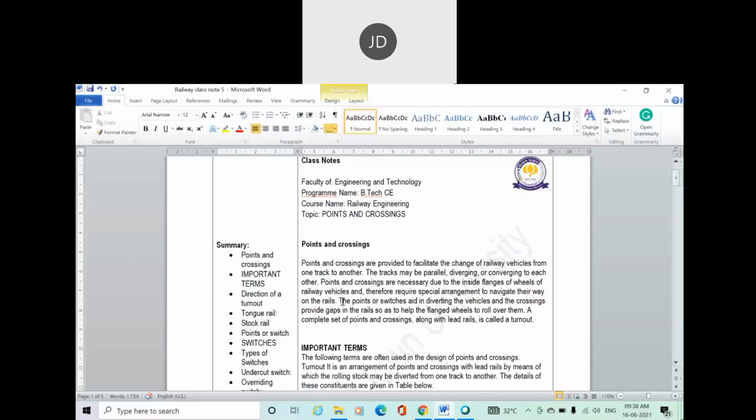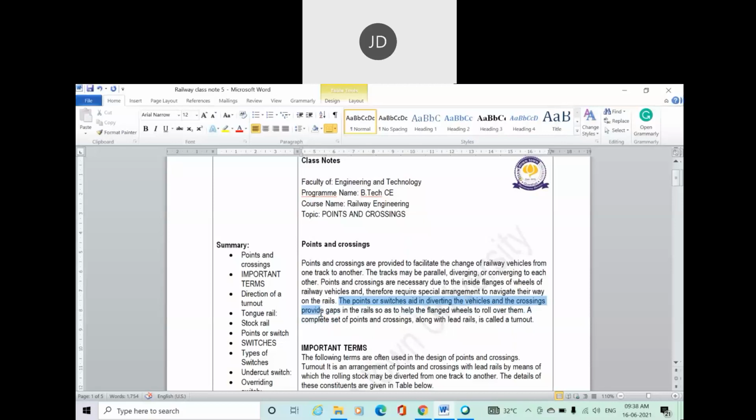The point and switch, or point or switch, I already told you, may be known as point or switch. The point or switch aims to or aids in diverting the vehicle. That means, what is the purpose of point? It decides the direction of the train or the direction of the wagon, you can say the locomotive.